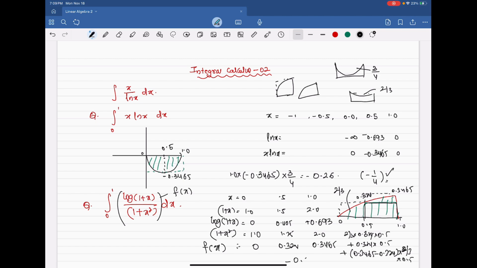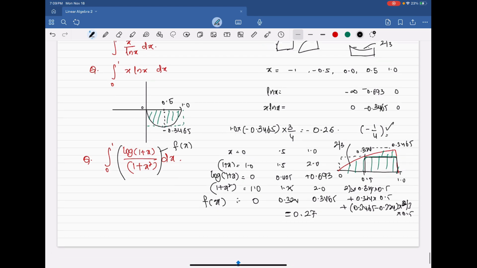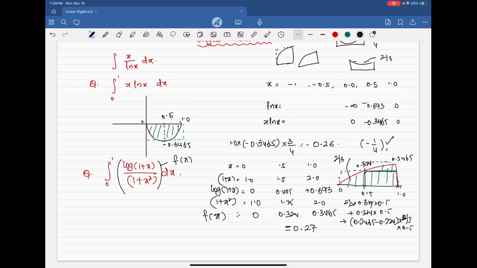This is approximately equal to 0.27. The approximate value of this is 0.27. The correct value, when you do this whole problem traditionally, you will get almost the same approximate value.